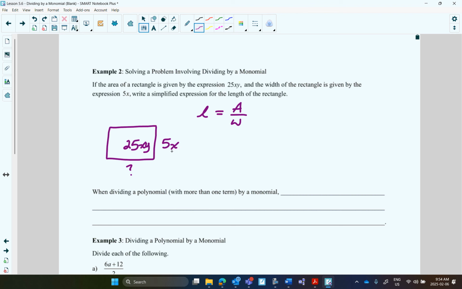So to find the missing length, I take the area, 25xy, divided by the width, which is 5x. And what do you get? 5y. 25 divided by 5 is 5. The x's cancel out. There's still a y.